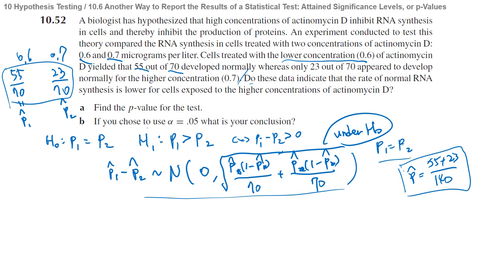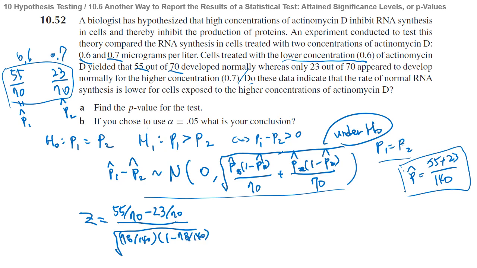And so let's calculate our Z statistic, which is P1 hat minus P2 hat, so 55 over 70 minus 23 over 70 divided by the square root of 78 over 140 times 1 minus 78 over 140 divided by 70, and we have two of these.